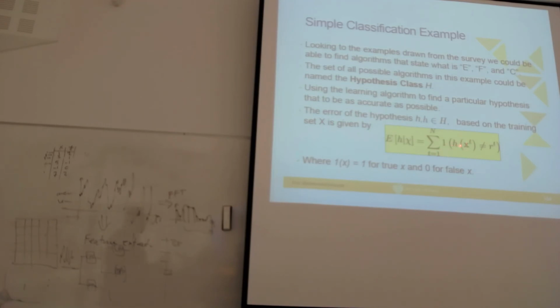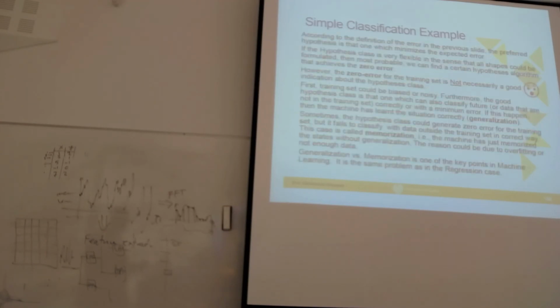So if the output of the hypothesis was not the same as the response, it gives 1. Then we have the summation of ones. This gives us the total error, or the expected error, of using every hypothesis. Our criterion is to find the best hypothesis which belongs to the general hypothesis set to minimize this error.